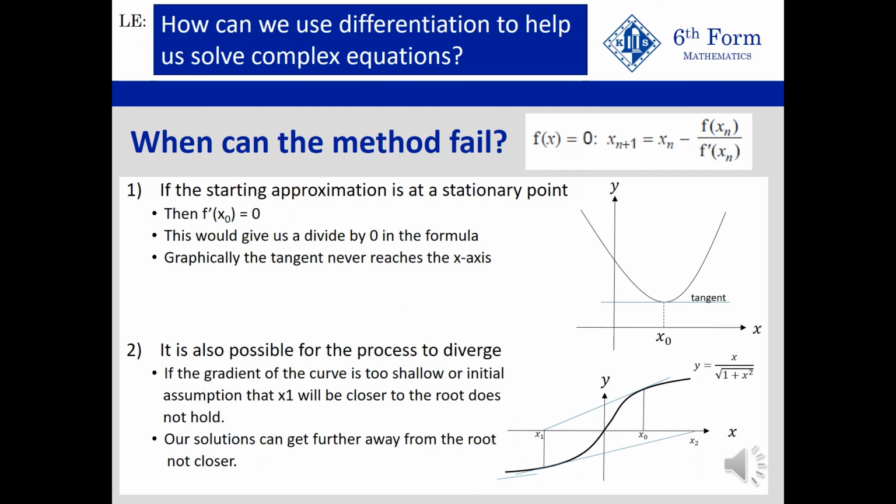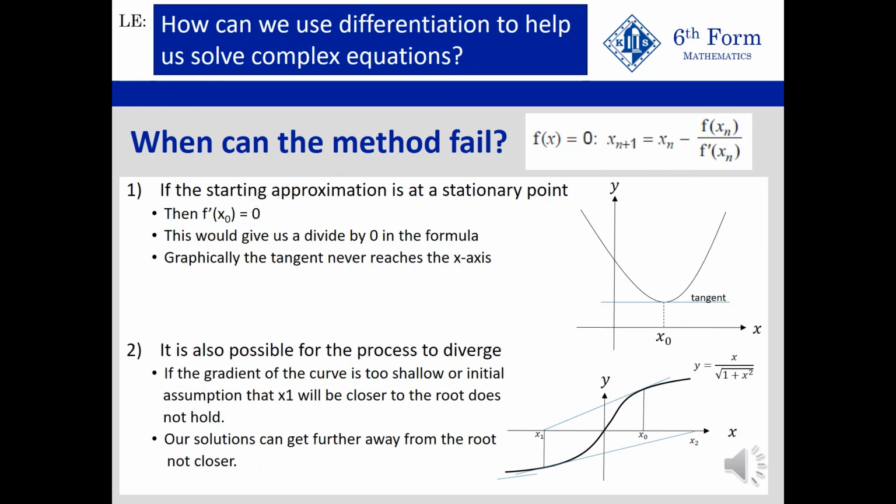The Newton-Raphson method isn't perfect. There are instances when it will fail. One that should be fairly obvious is if the first approximation we use actually hits a stationary point. We end up with a slightly odd situation where the tangent will never meet the axis.